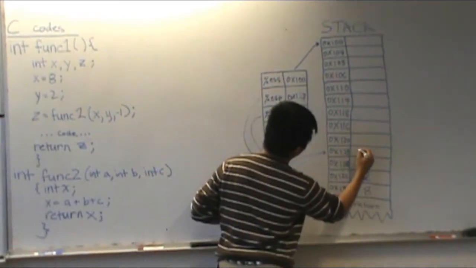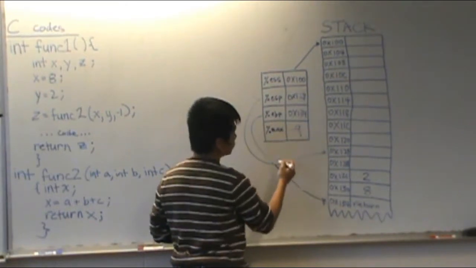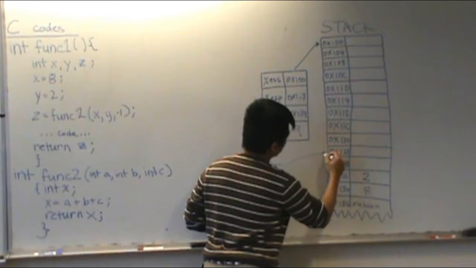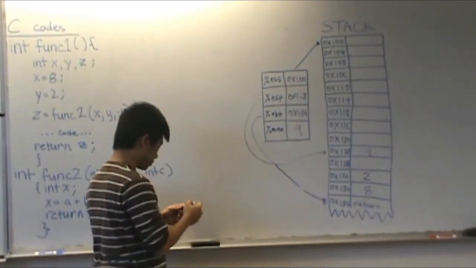Then whatever is in register A, for example, let's say -9 was in register A, it will be stored here.